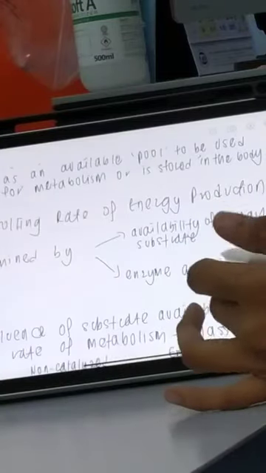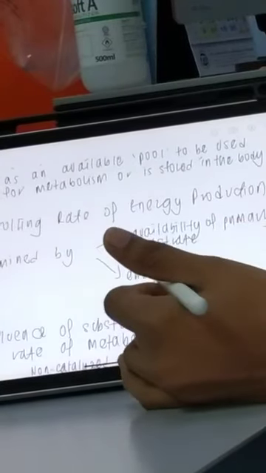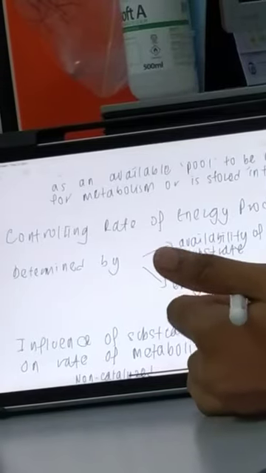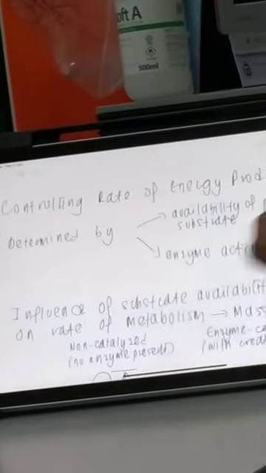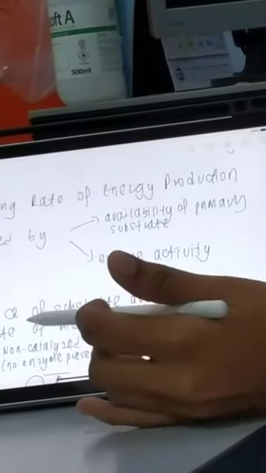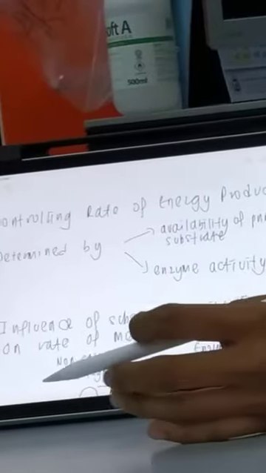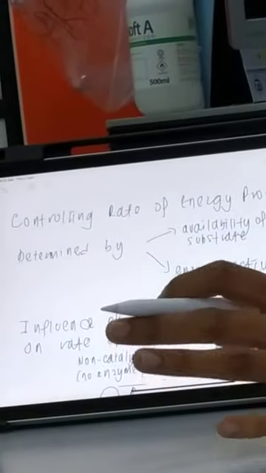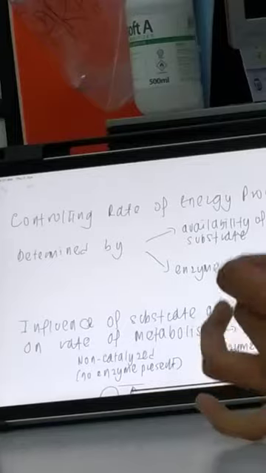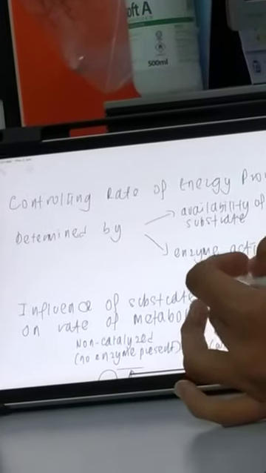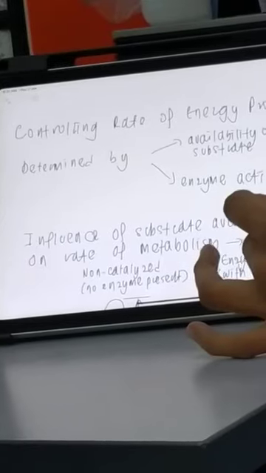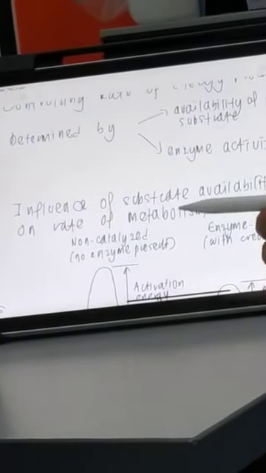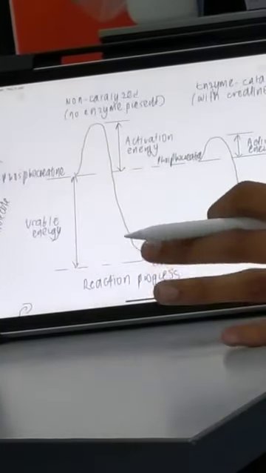The next is other factors such as enzyme activity. The influence of substrate availability on rate of metabolism is what we call the mass action effect. So if we are using carbohydrate in the rate of metabolism, that is what we call the mass action effect.